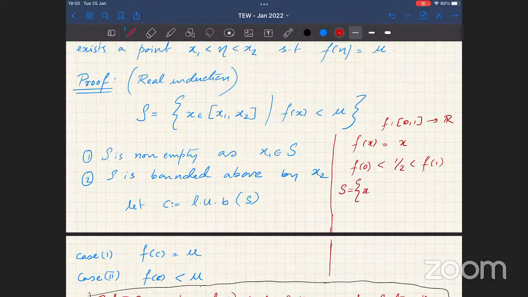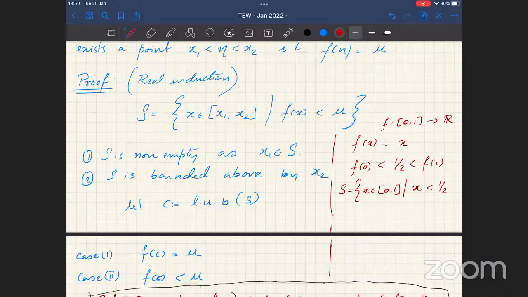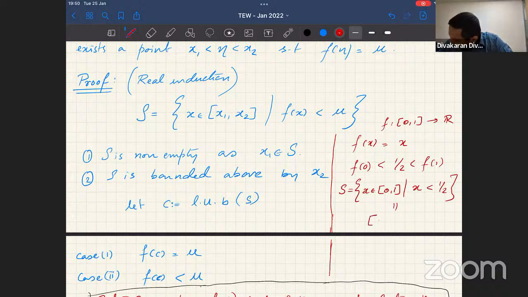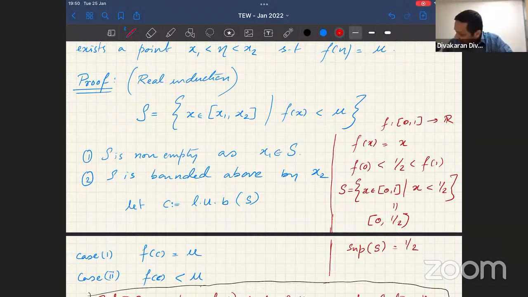S is the set of all x in 0, 1 such that x is less than half, which is equal to closed 0, open half. What is the supremum of this? 1 by 2. The supremum of S is equal to 1 by 2, and that is our C. What is f of C?